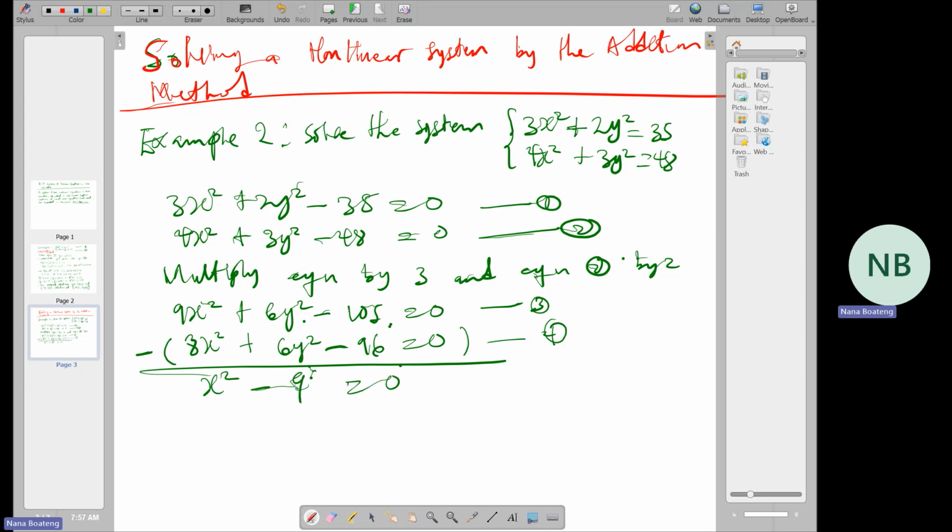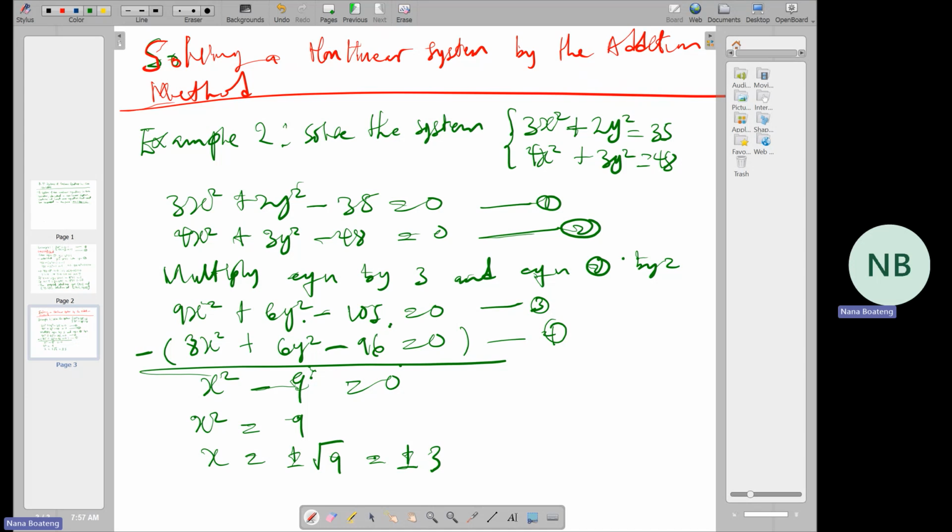So we have x squared minus 9 is equal to 0. So x squared is equal to 9, which means x is equal to plus or minus the square root of 9, which is plus or minus 3. So x is equal to -3 or +3.